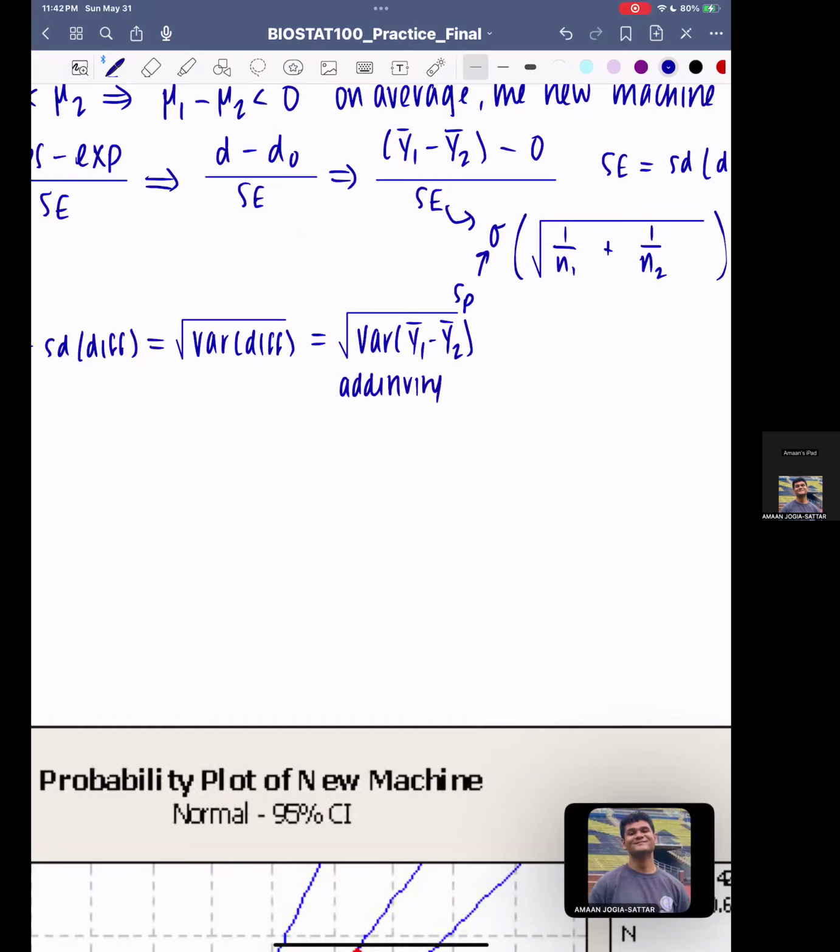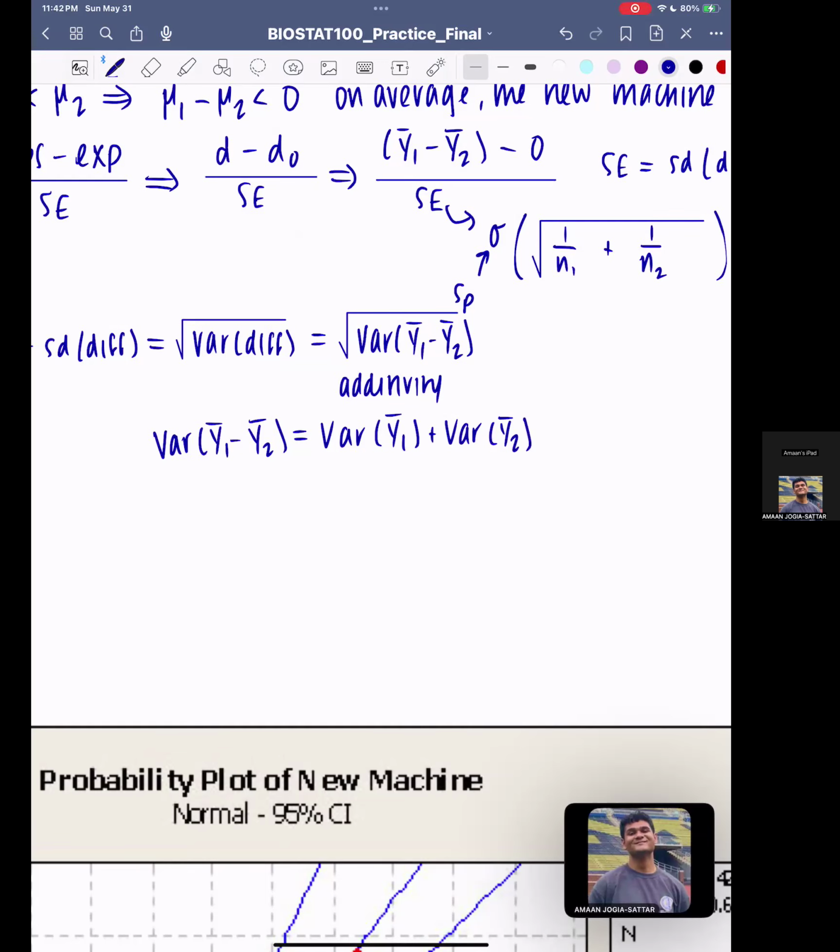So for this, we can say the variance of y1 bar minus y2 bar, and this goes the same for the variance of y1 bar plus y2 bar, is going to be equal to the sum of their individual variances. Cool.